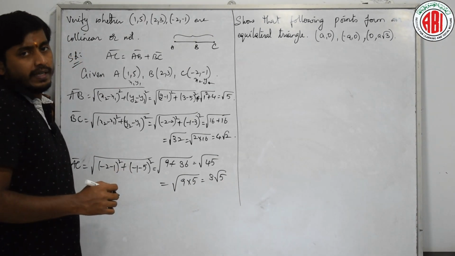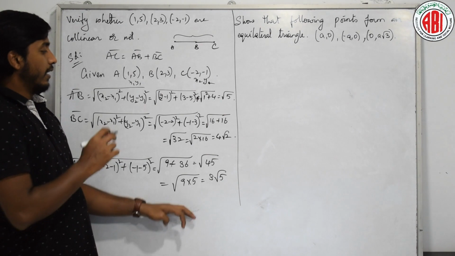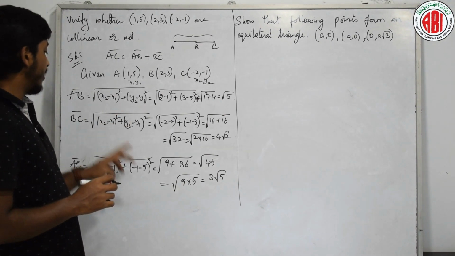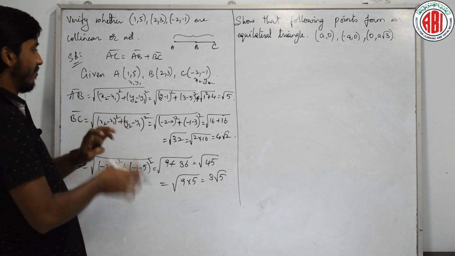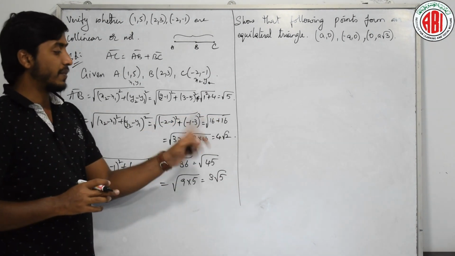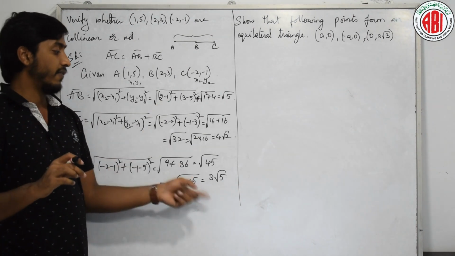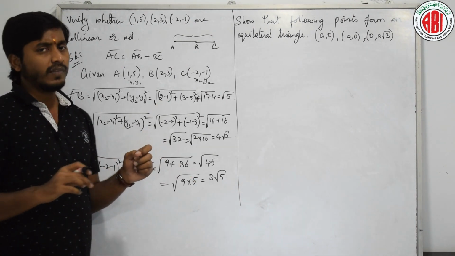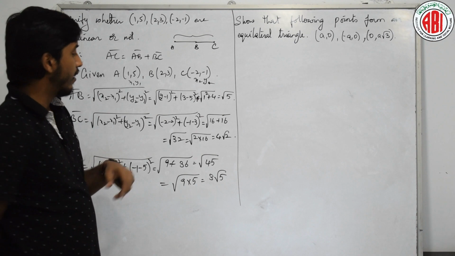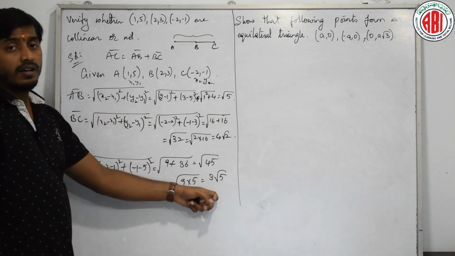Okay, is it clear? Just check whether you are getting AB plus BC equal to AC or not, or something, whatever it might be. The addition of two things must be the third thing, whether you are getting it or not. That is what they will expect. Just let us see here: are we getting the sum of any two as the third?